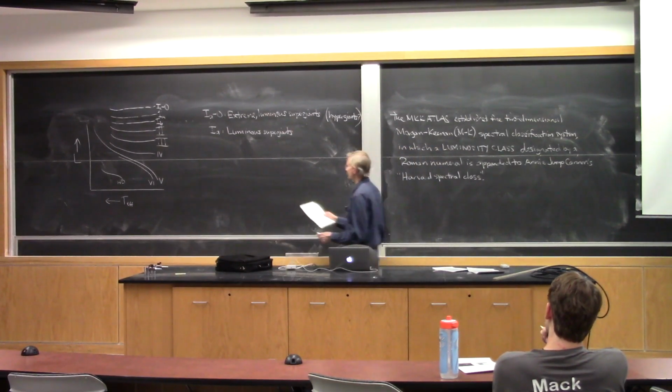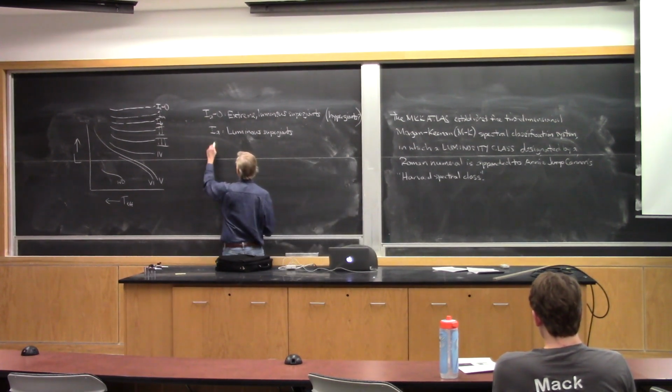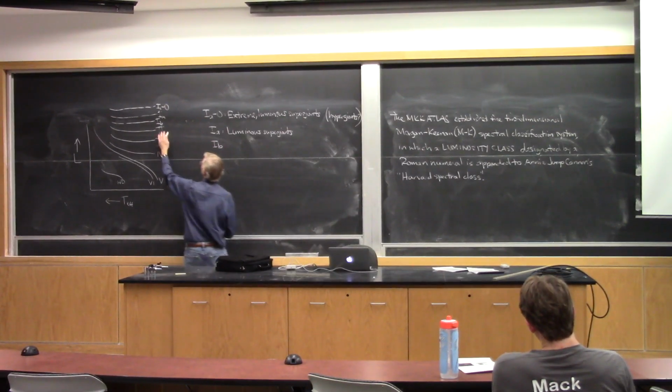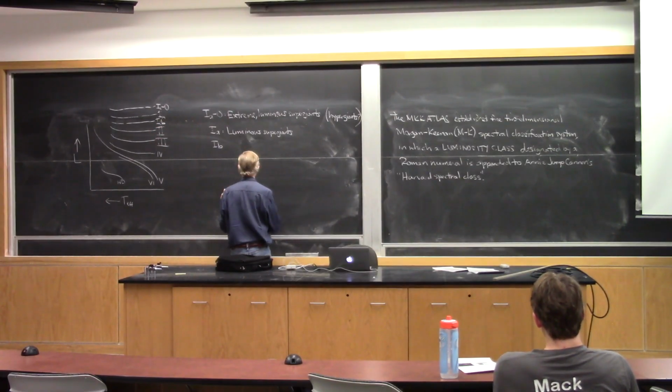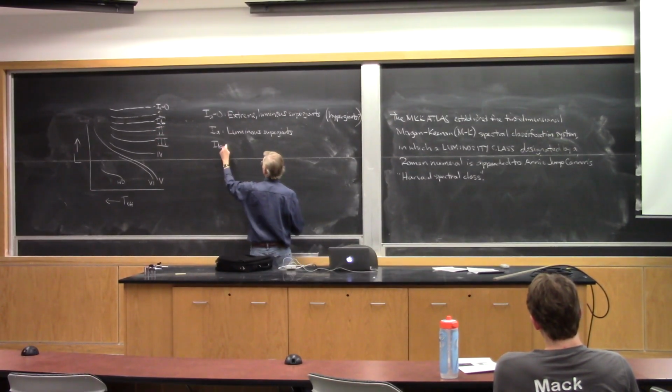Anyway, you've got 1A as your luminous supergiants, and then 1B, I think it is just 1B with no subscript, I actually don't remember. These would be less luminous supergiants.